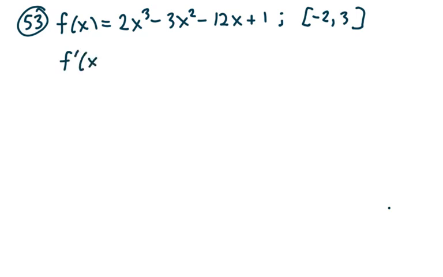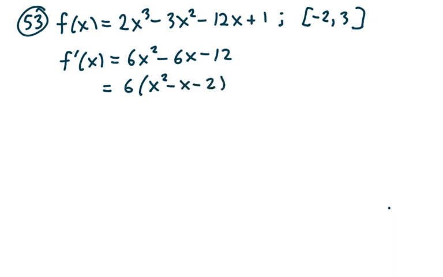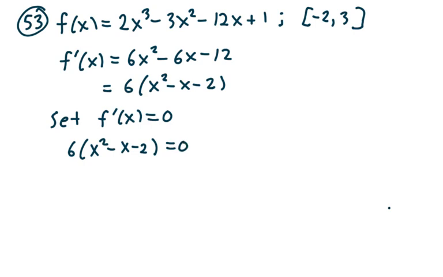So we're going to take the derivative. And so we get 6x squared minus 6x minus 12. If I factor out the 6, I get 6 times the quantity x squared minus x minus 2. So what I do is I'm going to set f prime of x equal to 0. And so 6 times x squared minus x minus 2 is equal to 0.